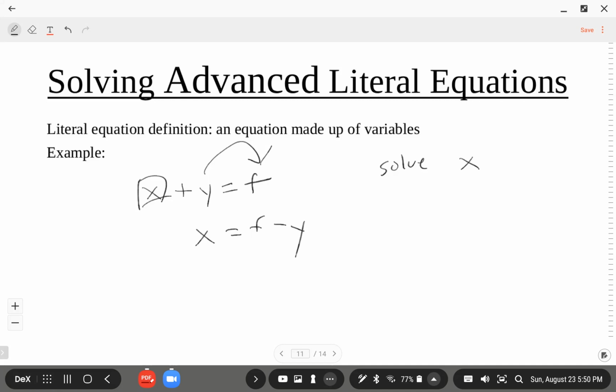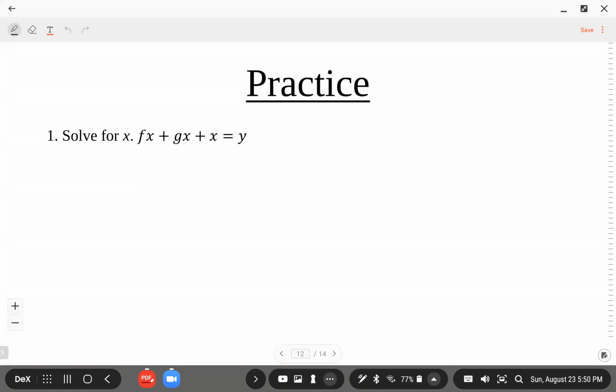So now, let's do some practice problems. Please solve for x on this one. Please solve for x, okay?